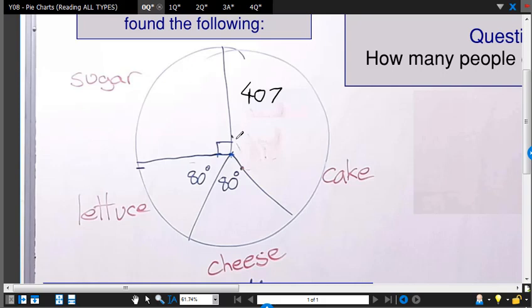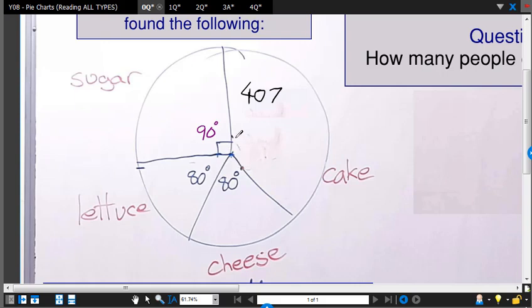So here we go. We know that symbol represents 90 degrees. So I'm actually going to change the color. 90 degrees. Okay, so then we know the angle in a circle is 360.